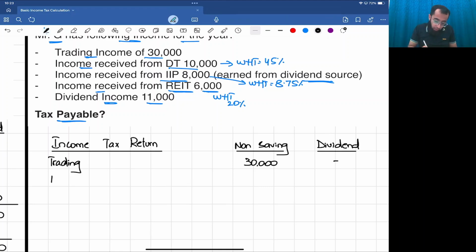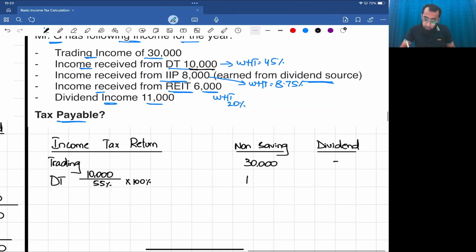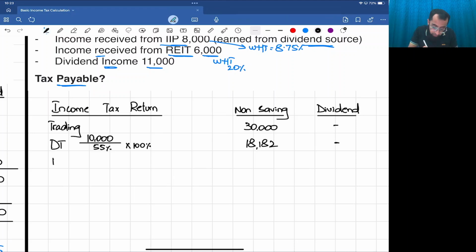Okay, then you have discretionary trust 10,000. 45% is withheld. So divided by 55% multiplied by 100%. So you gross it up. Okay. 10,000 divided by 55 multiplied by 100. So it's 18182. That goes in the non-saving income. Then you have interest in possession trust earning from dividend source.